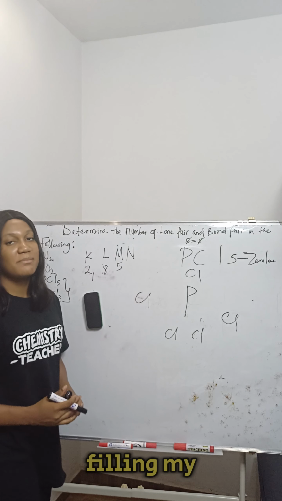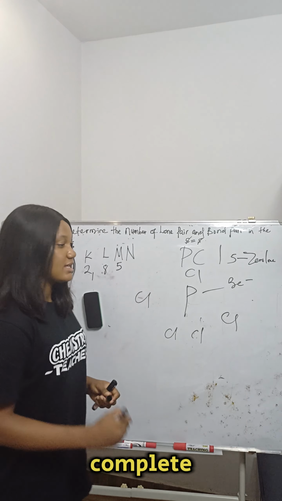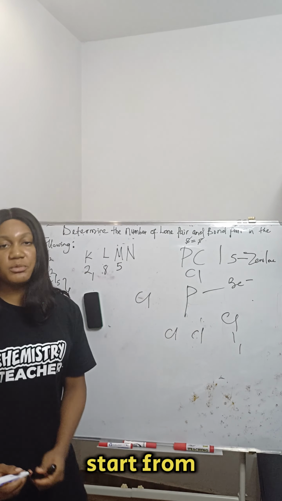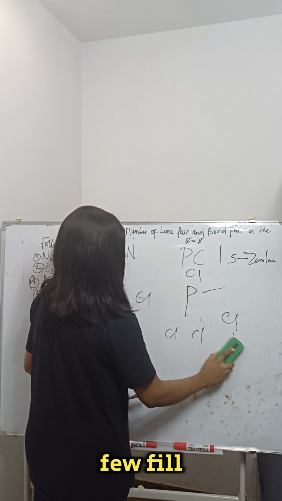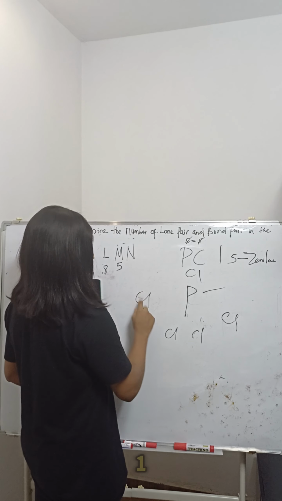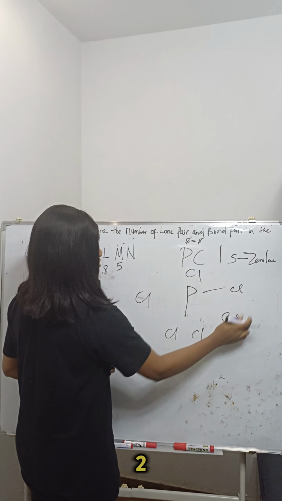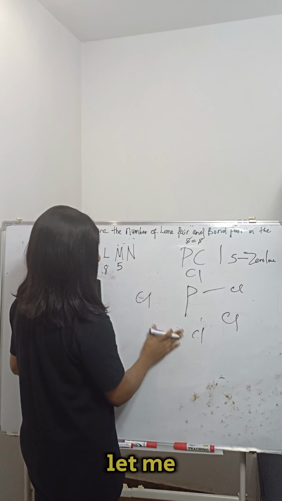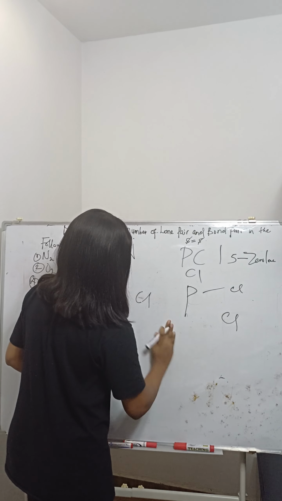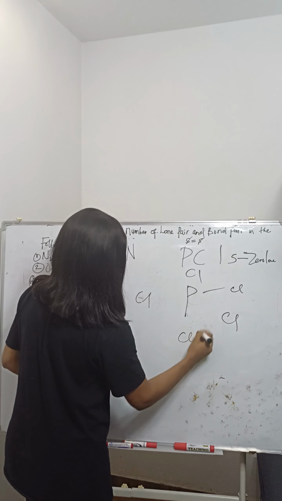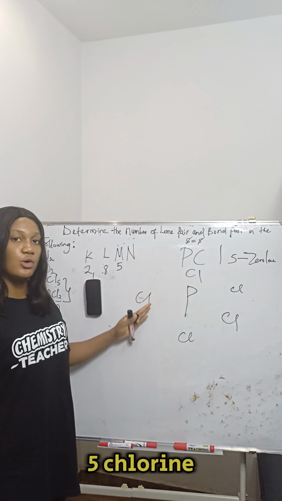Now, where will I start filling my electrons? This needs 3 electrons to be complete, this needs 1, so I'm going to start from the one needing fewer electrons. So phosphorus is reacting with 5 chlorine atoms.